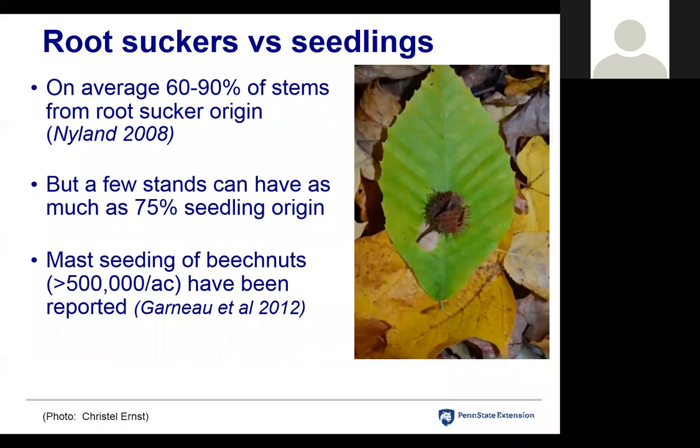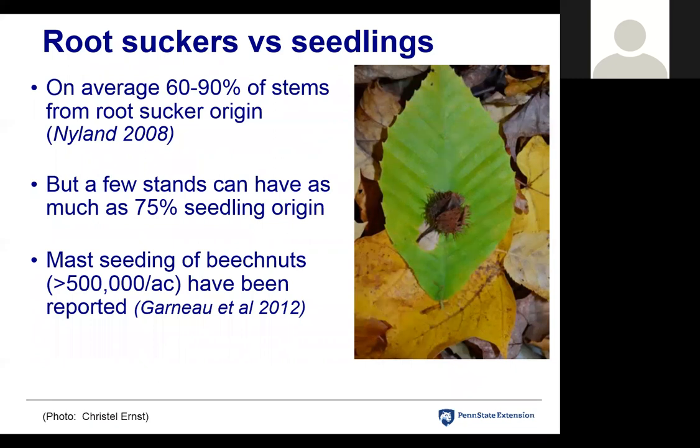Most of the studies found that in most stands, between 60 and 90% of the stems in the understory are coming from root sucker origin off of these dying and lingering beech that are in the progression of the disease. But there are a few stands that can have as much as 75% seedling origin. Those are pretty rare, though.